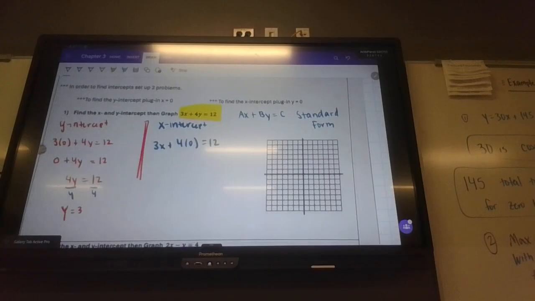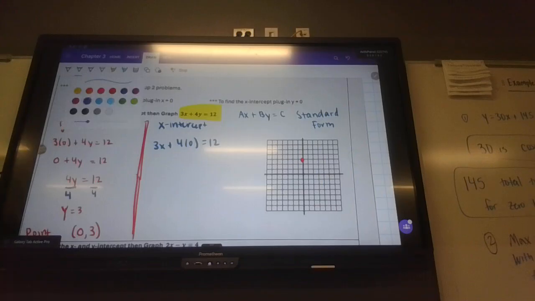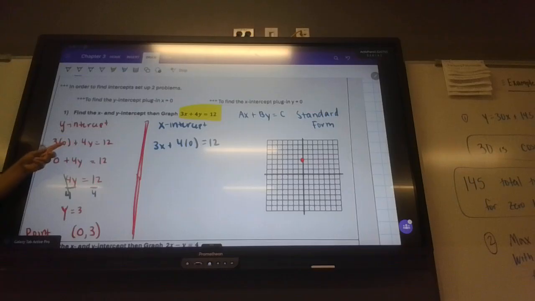And this is a point on the line where you plugged a 0 in for x and you got a 3 out for y. Yeah, it looks a little bit like how I write y sometimes. Yeah, so I divided both sides by 4 and I got y equals 3. And then I plot this as a point. So the 0 went in and I got a 3 out. So that's an x and y ordered pair.